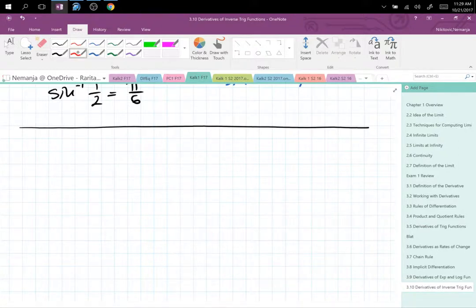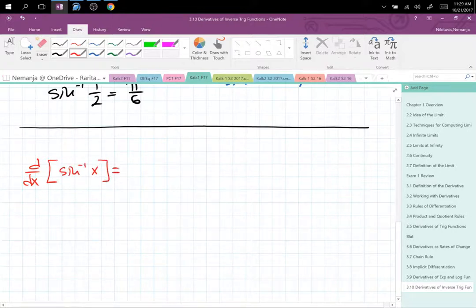So we start with the derivative of inverse sine of x, which is 1 over square root of 1 minus x squared. So that would be the inverse sine.